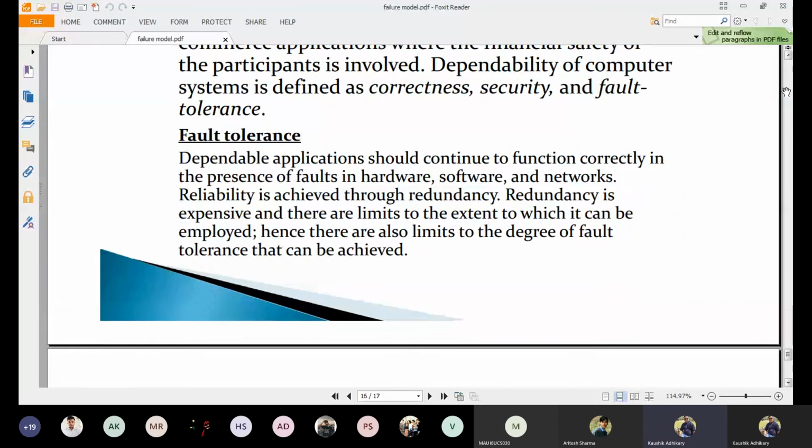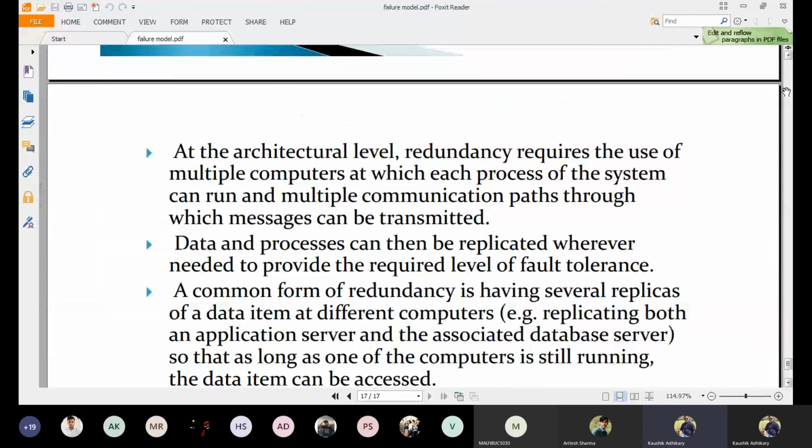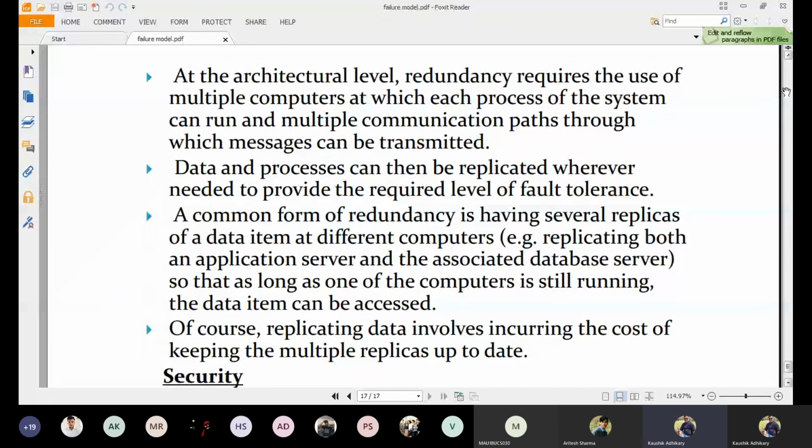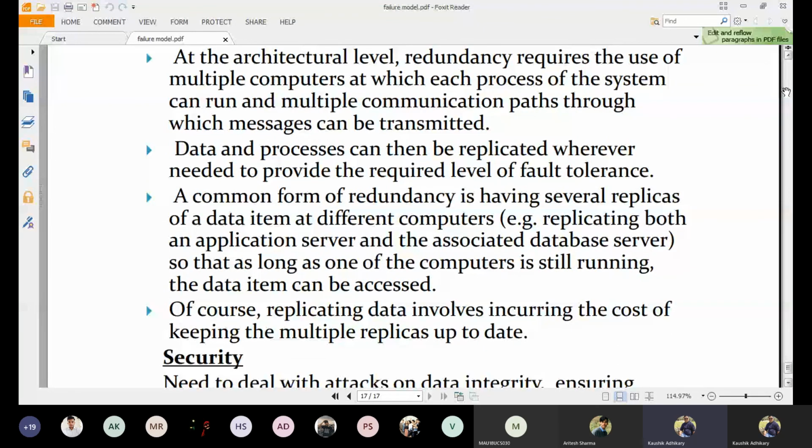At the architectural level, redundancy requires the use of multiple computers at which each process of the system can run and multiple communication paths through which messages can be transmitted. Data and processes can be replicated whenever needed to provide the required level of fault tolerance.